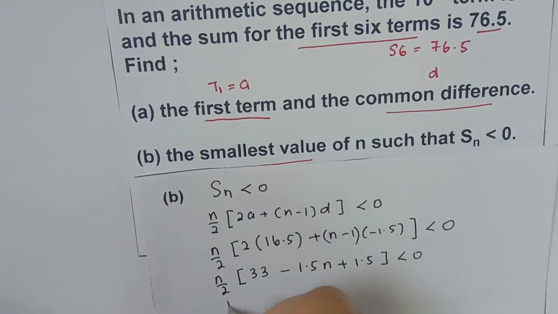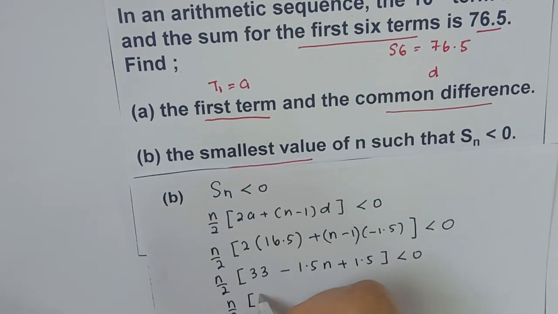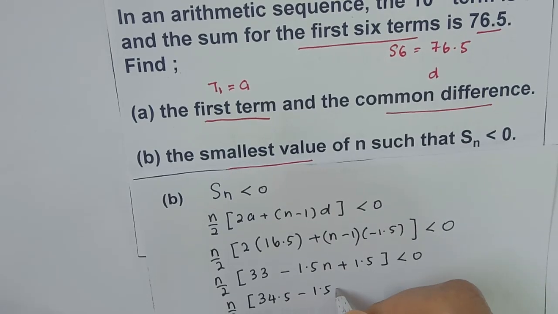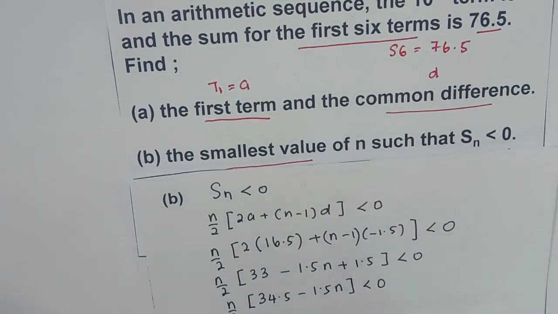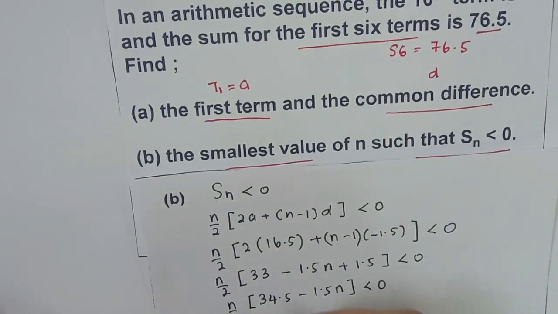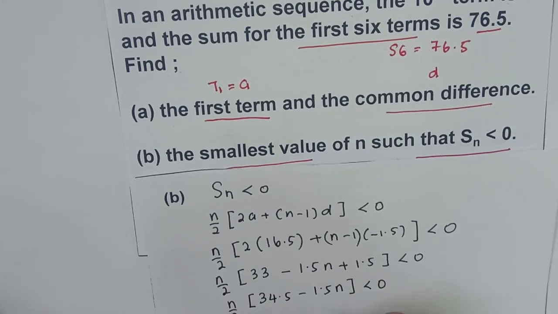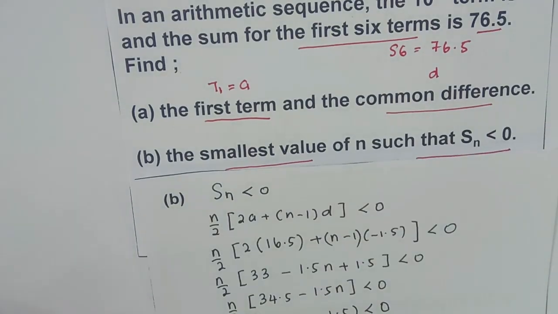So n over 2, 33 plus 1.5 is 34.5 minus 1.5n, less than 0. Then bring it to the right, so n times 34.5 minus 1.5n less than 0.